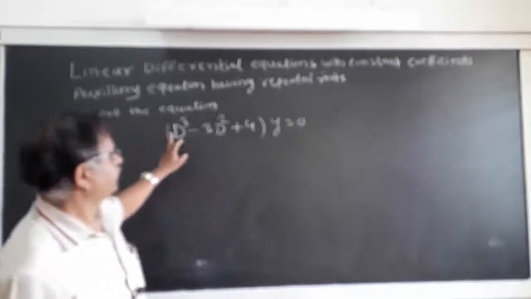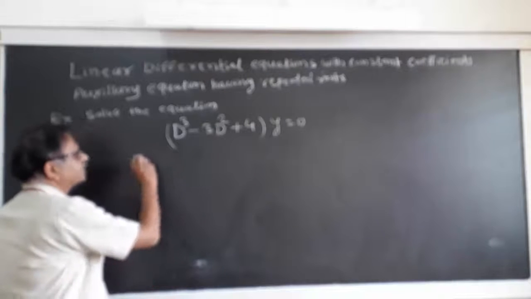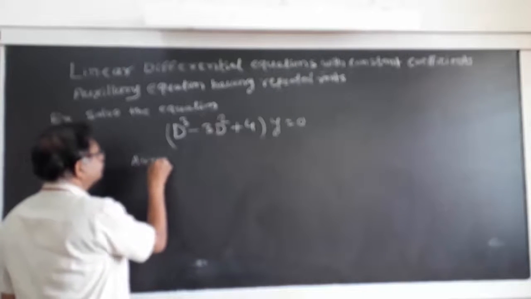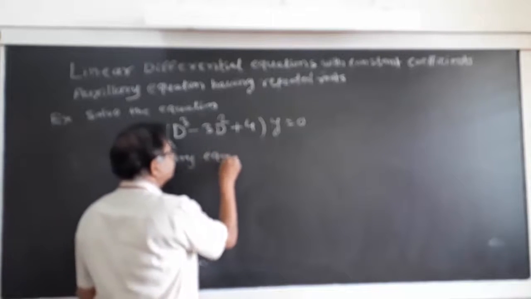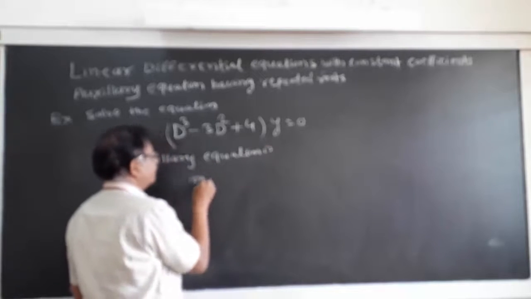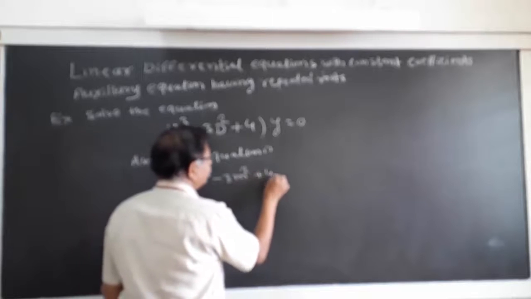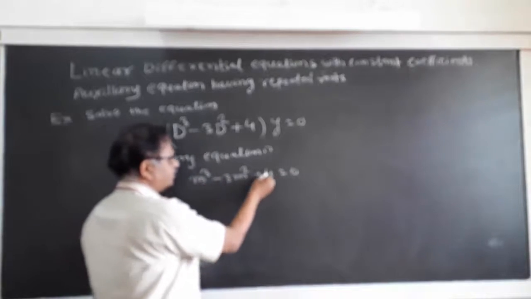Solve the equation D cube minus 3D square plus 4y equal to 0. For solving this equation, we write the auxiliary equation, which is m cube minus 3m square plus 4 equal to 0.